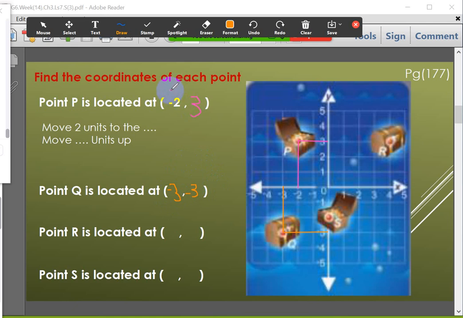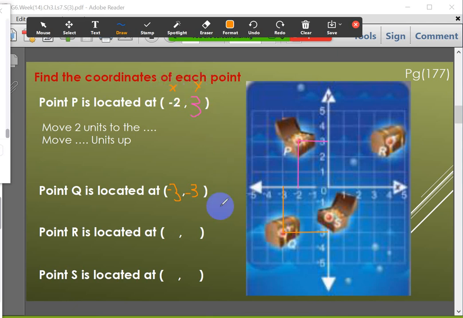So the first coordinate will be x. The second one will be y. Always. That's why we name those numbers an ordered pair. Those coordinates will be ordered all the time. The first one is the x. The second one is the y.